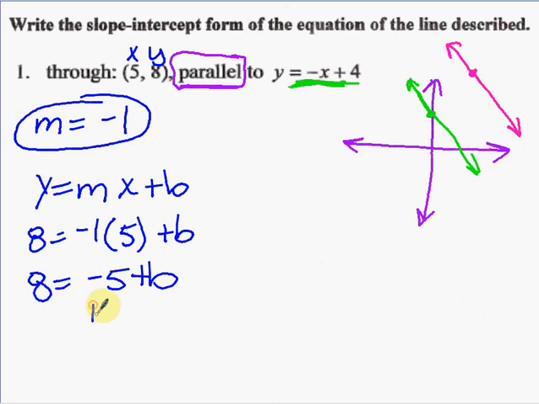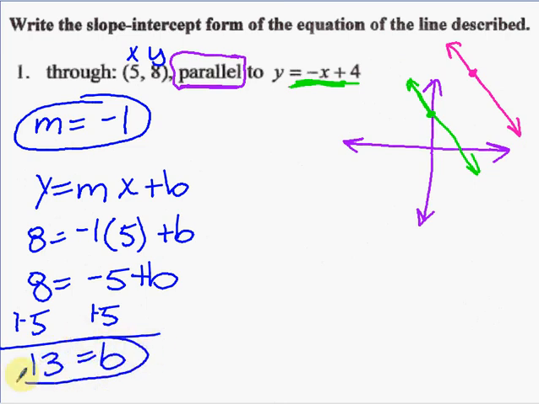And then we can add 5 to both sides, and we'll get 13 is equal to b. And I'll circle that because that's the other important piece of information that we need. So the equation of our line is y equals, going to look at my slope, -1, the letter x always goes behind the slope, and then plus 13.